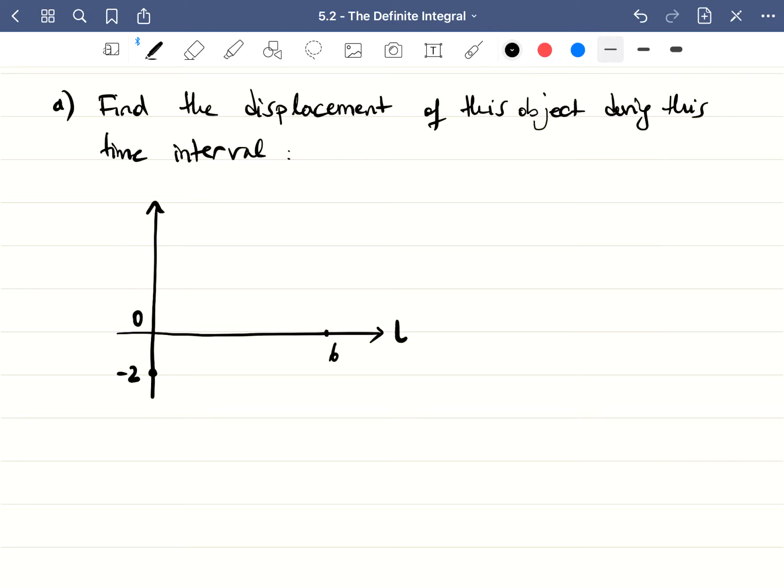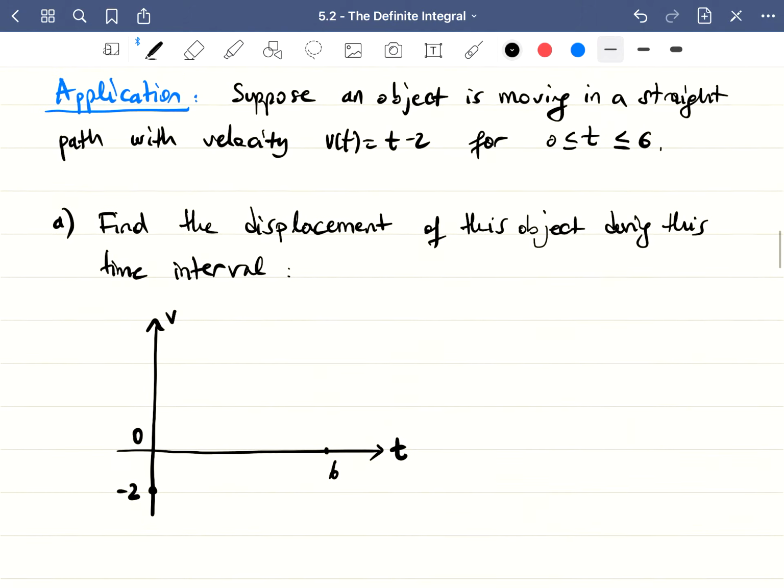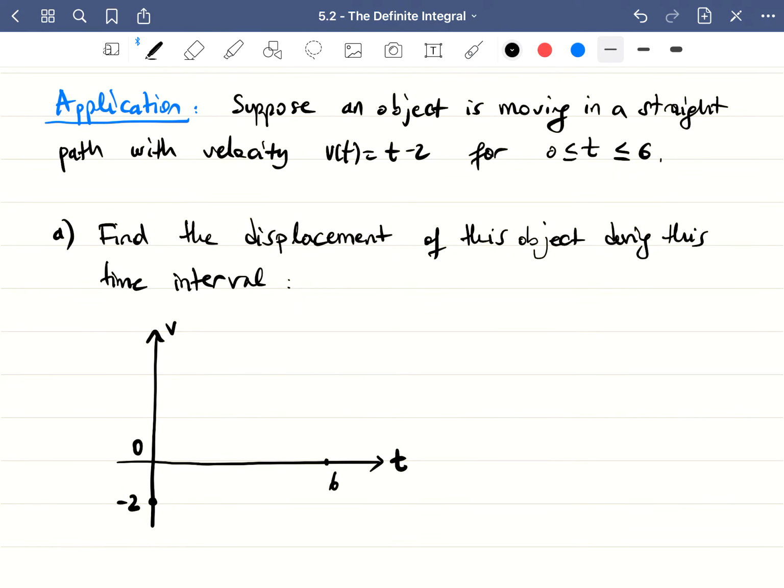This is the t-axis, and this is the velocity axis. Now, our function is v of t equal to t minus 2. So when t is 0, v is negative 2. And when v is 0, t is 2.